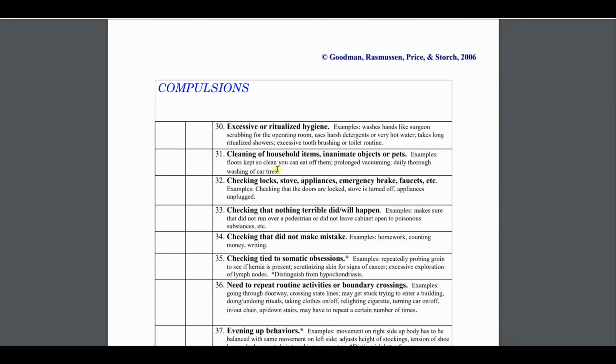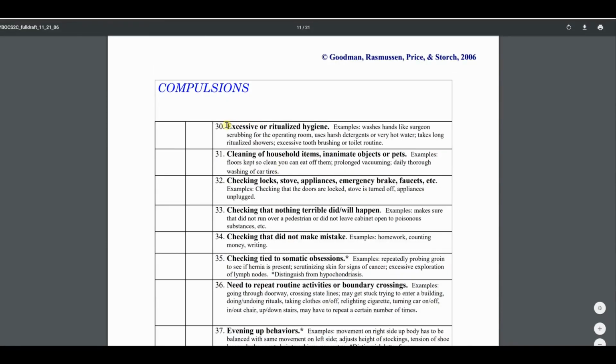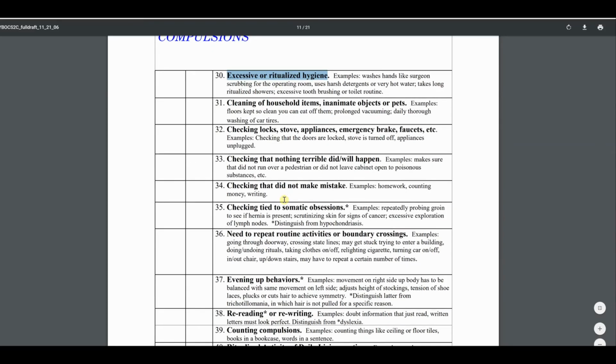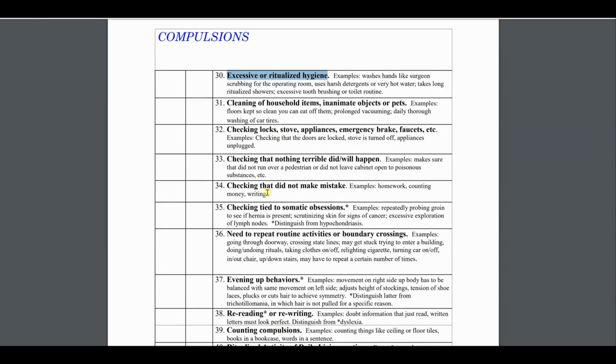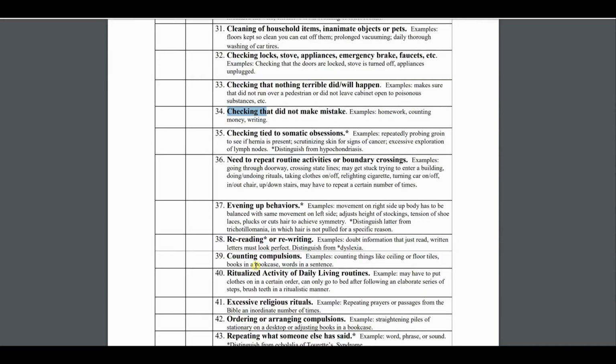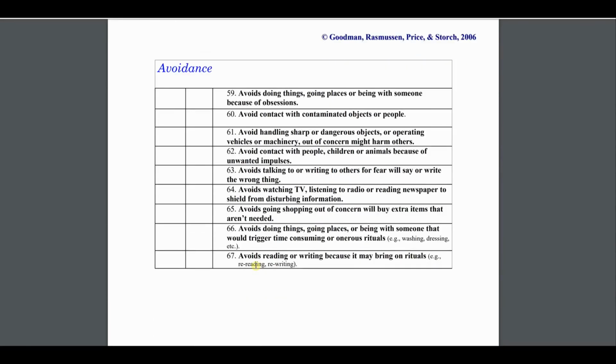A lot of people who have excessive obsession with germs have an excessive or ritualized hygiene strategy to deal with those obsessions, or they might have a checking compulsion, things like that. Then what types of avoidance behaviors do they have? Avoiding doing things, avoiding contact with contaminated objects, etc., and so forth.